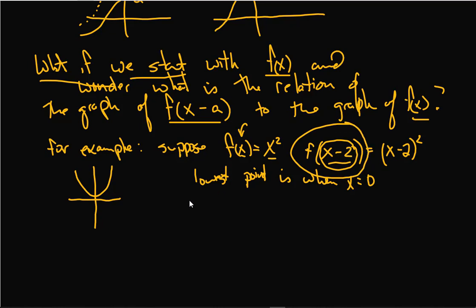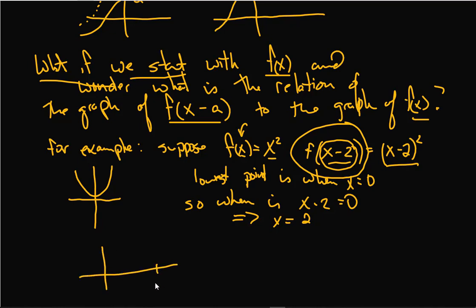So when is x minus 2 equal to 0? Well, that's when x equals 2. So that's when this is going to be lowest. In other words, when x is 2, this is going to be at its lowest point.